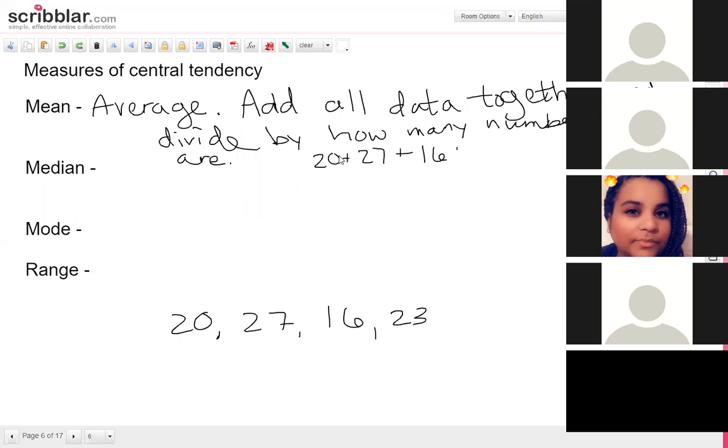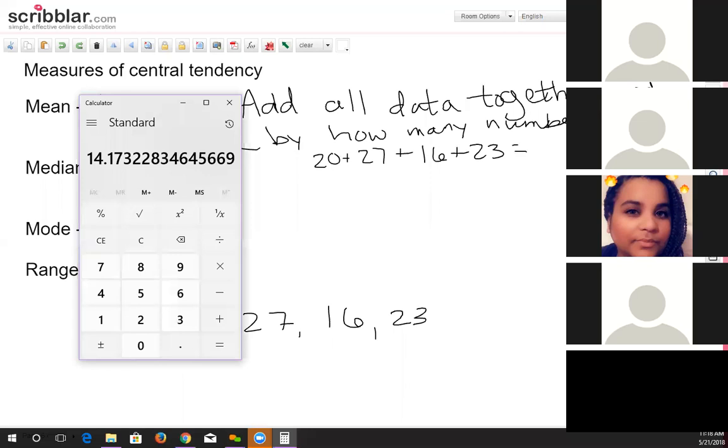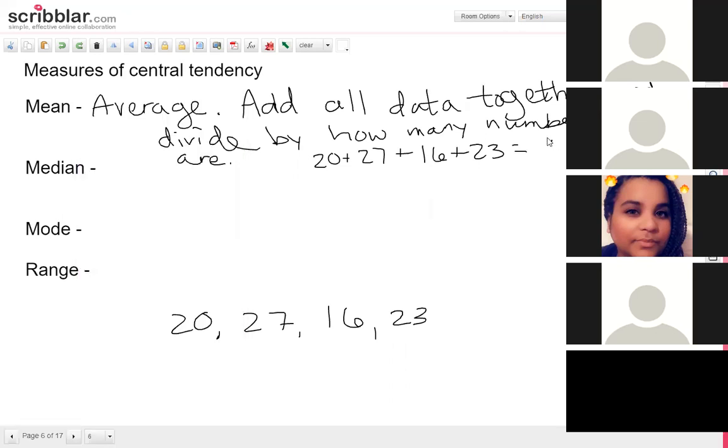If we add them all together, that's going to give us, and definitely use a calculator here. Adding these together by hand can just take too long. The calculators are super useful. 86.